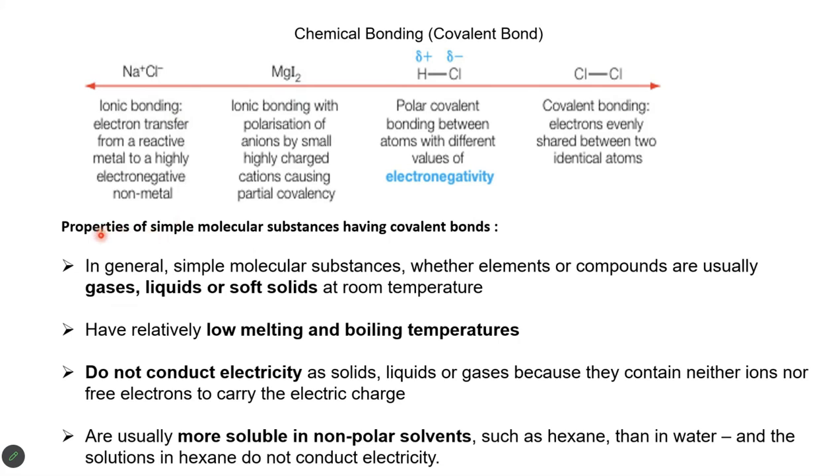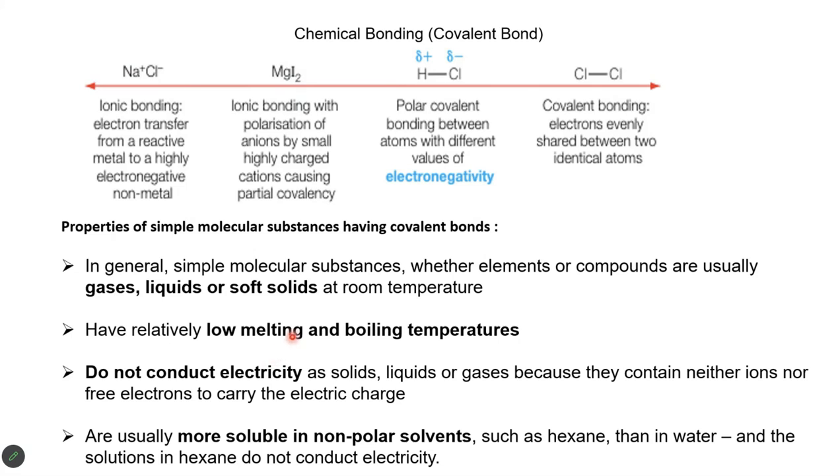So we are now talking about the properties of simple molecular substances having covalent bonds. In general, these are solids, gases, liquids, or soft solids at room temperature, but there are some exceptions too.